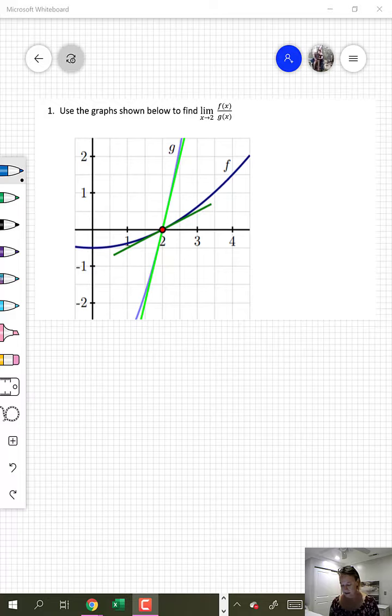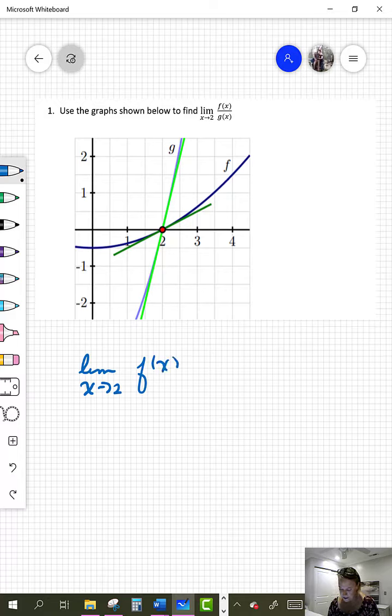If we look at the limit as x approaches 2 of f of x, we can see as x is getting closer and closer to 2, we're approaching the value of 0. This is the same thing as using rules of limits.